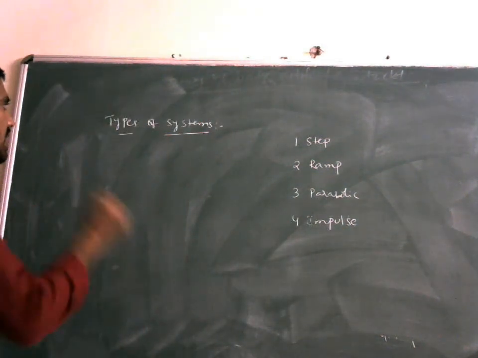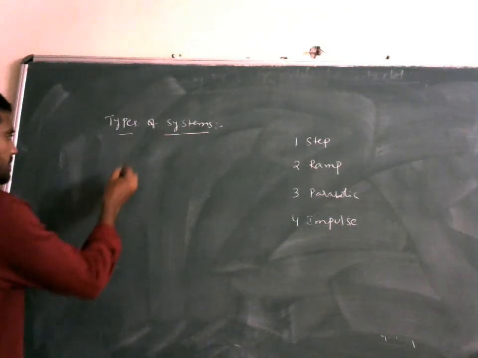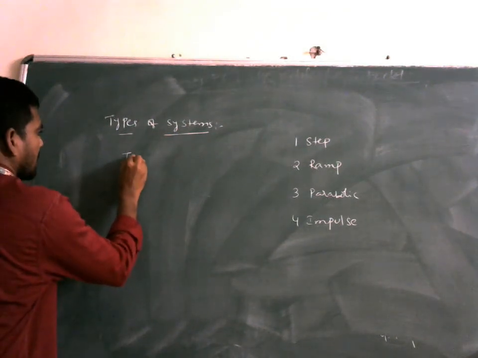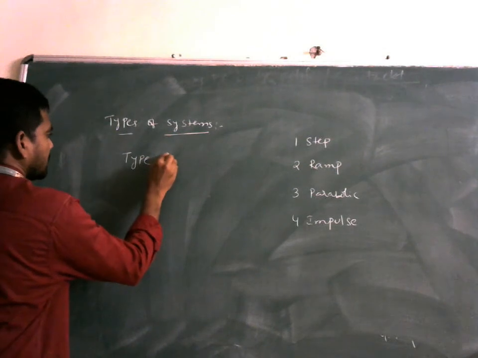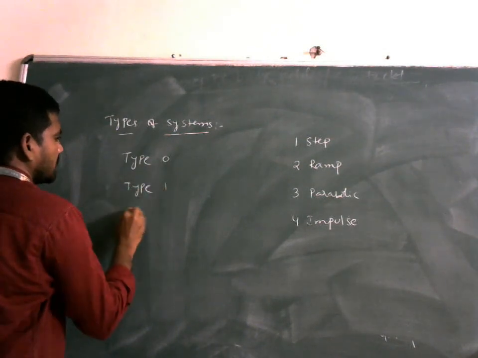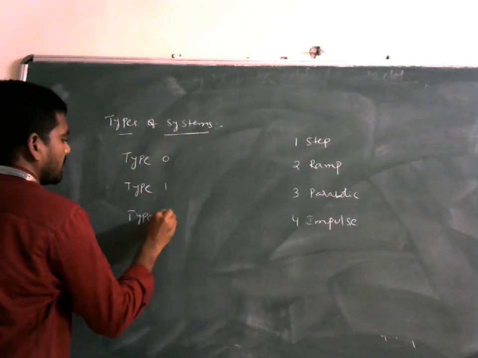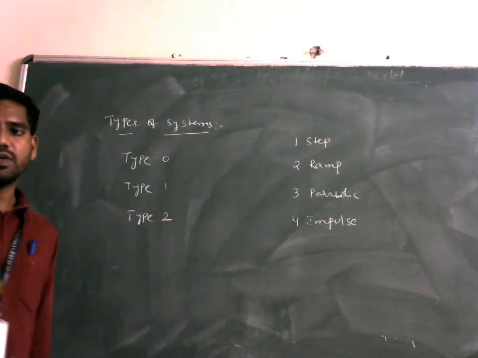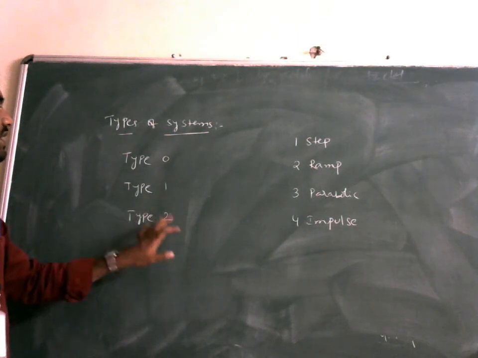In this case, type of the system. There are different types of the system. We can say type 0 system, type 1 system, type 2 system. What is meant by type 0, type 1, and type 2?